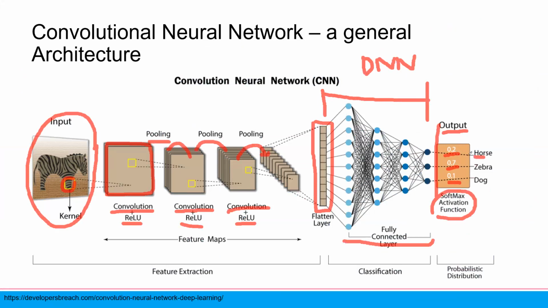If horse is maybe 0.2, zebra is 0.7, dog is 0.1, then I know that this is the zebra class. If you do it with machine learning, you need to do feature extraction. But with a deep neural network like this one, you do not need to extract the features.